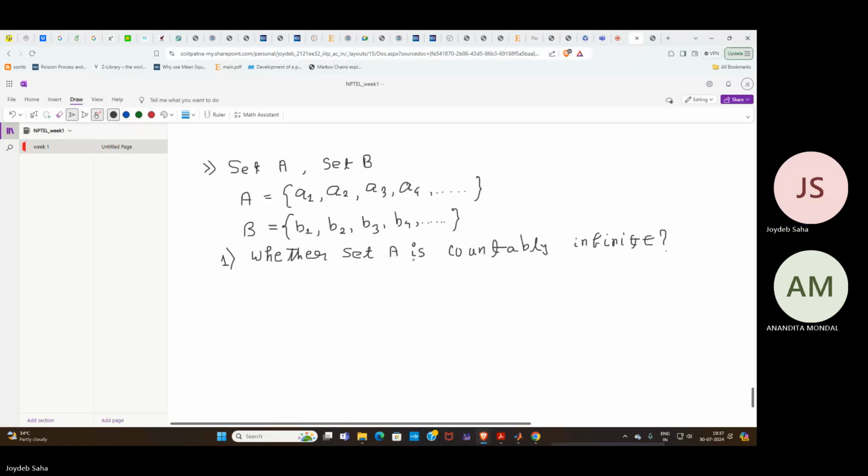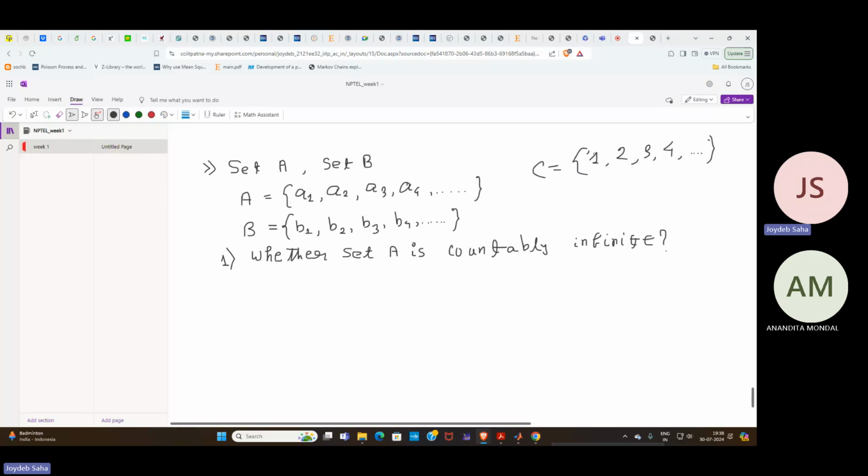Look, whether there is A1, A2, A3, A4, or let us assume some set is C, 1, 2, 3, 4, and so on. Look, it doesn't mean here we treat A1 and 1 with equal value.